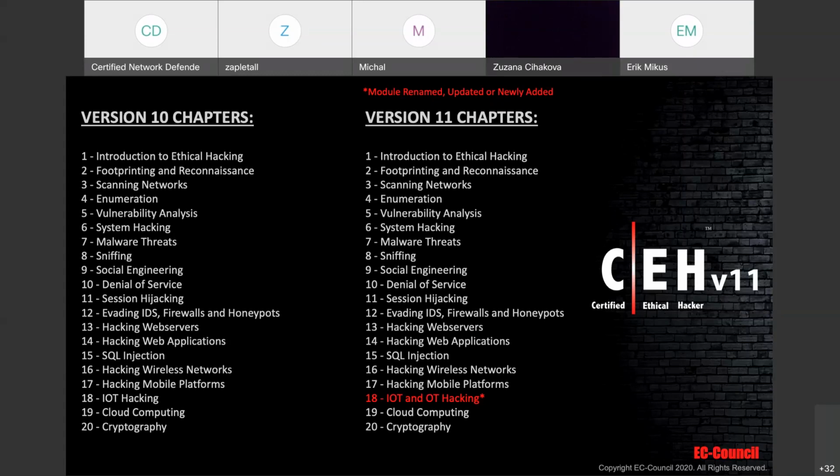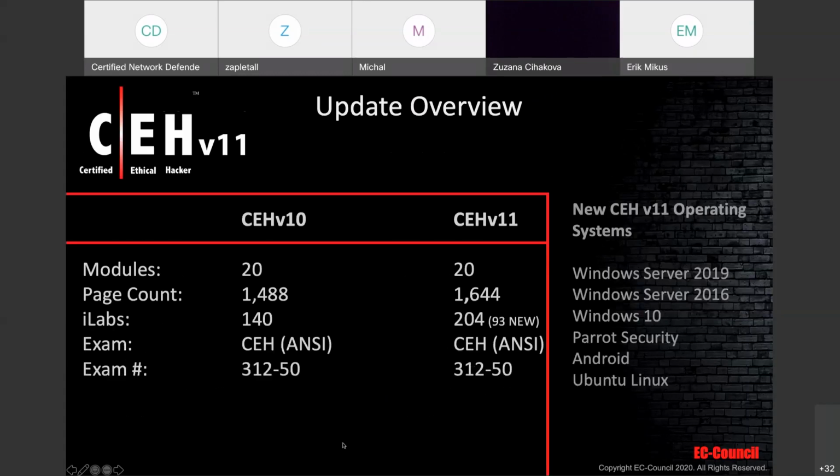In terms of the updates to the size of the course, the labs had a completely new overhaul. We've gone from 140 labs, which I'd say is a very comprehensive number, to 204, with 93 of those being completely brand new. We focus on the practical elements. It's not just about the knowledge; it's about the skills and abilities as well.